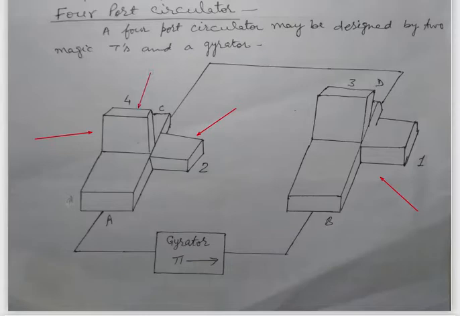Its converse is also true, that is, if 2 waves of the same amplitude and in the same phase enter from A and C, they will recombine and emerge from port 2 and the port 4 will remain uncoupled.